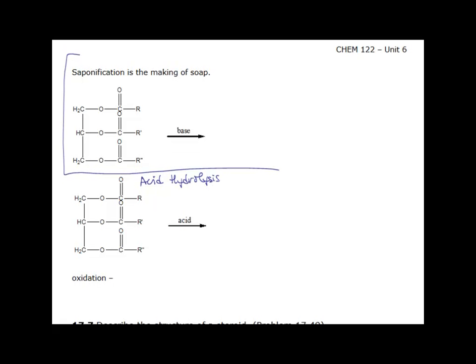With saponification, you have a fat or an oil. You treat it with lye, which is sodium hydroxide or potassium hydroxide. Let's do sodium hydroxide. What happens is those ester bonds are broken. So I pull out my scissors here, and you cleave that bond.